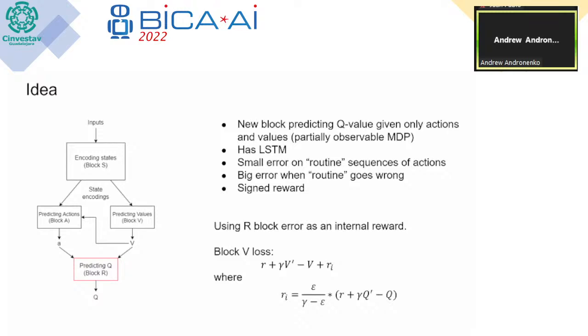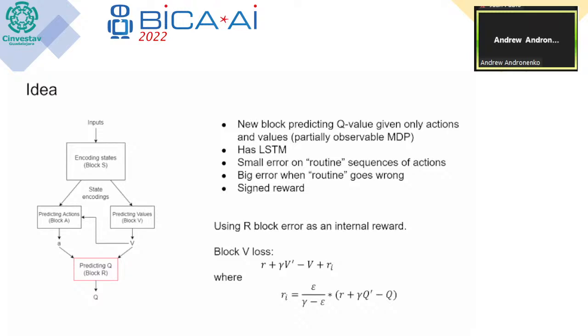While these routine states are presented, the R block can easily adapt to have a rather small error on repeating routine sequences of actions. It will also have big errors when getting unexpected rewards, meaning that an important state was reached.